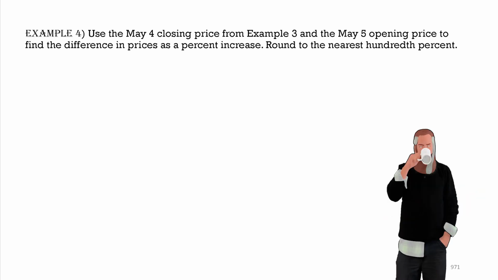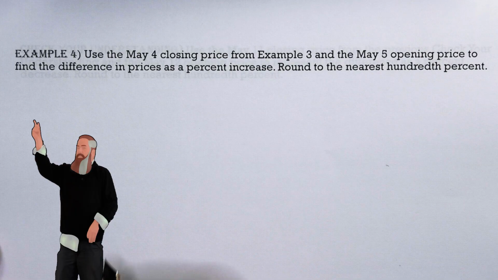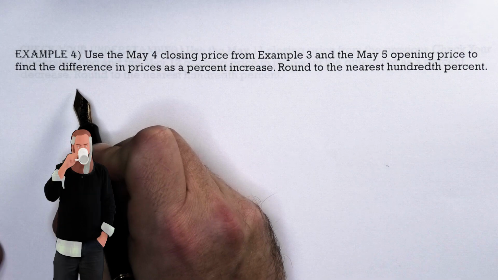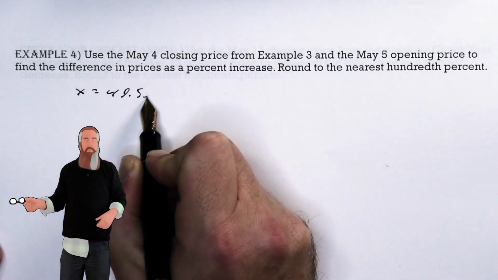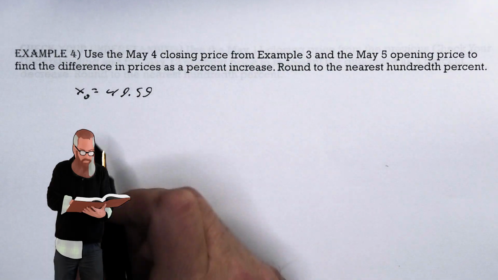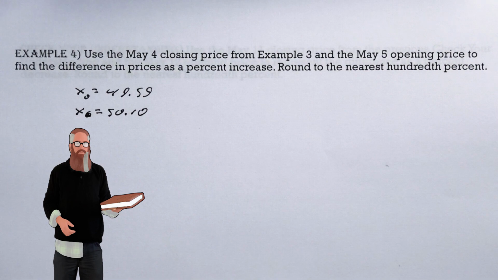So let's use the May 4th closing price from example 3 and the May 5th opening price to find the difference in prices as a percent of increase, and we're going to round this to the nearest percent. First, we need to remember that the closing price from May 4th was $49.59. The May 5th opening price was $50.10.